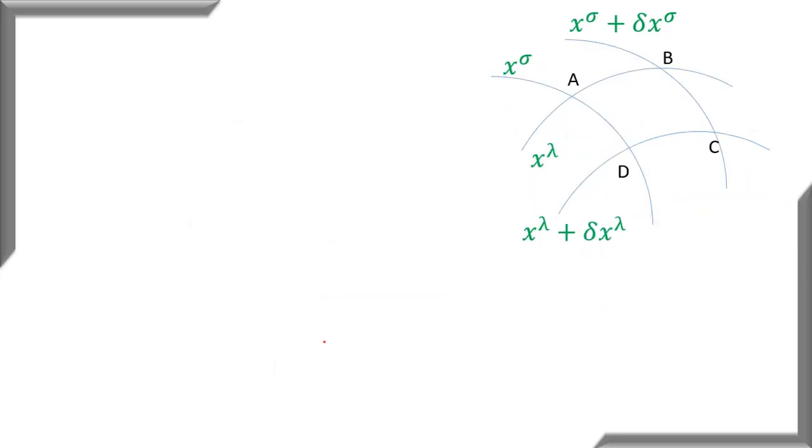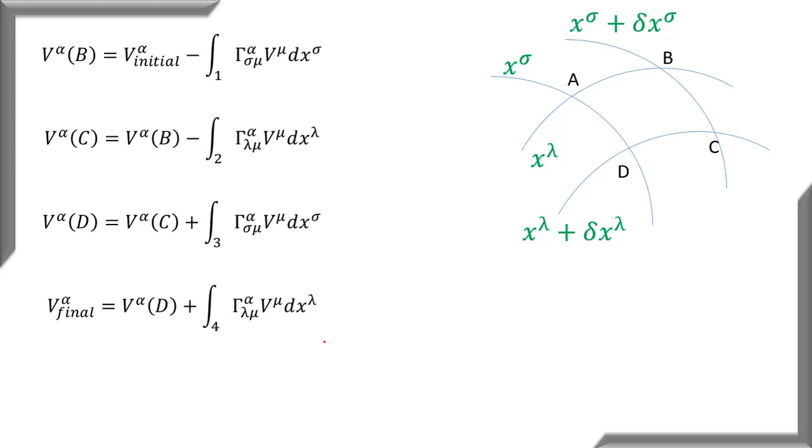Now, if I try parallel transporting all the vectors which I have, I have now parallel transported a vector from A to B. Now I have V alpha at B. Now again I parallel transport it along the line 2, and then I have V alpha at C. Similarly, using the same denotations, I can write V alpha at C is V alpha at B, that is the initial, minus the integral over 2 of the function.